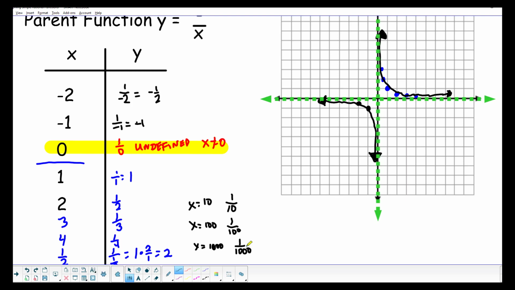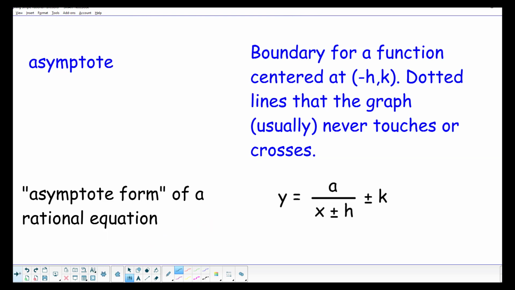And no matter what value we pick for x, we are actually never going to be getting down to that x-axis. Okay? And that's the exact same thing that's happening here. The smaller we get for x, the closer we get to this vertical asymptote, but we never actually quite get there. So now we can formally define these things called the asymptotes. And we say it's a boundary for a function. It's a dotted line that the graph will never actually touch or cross.